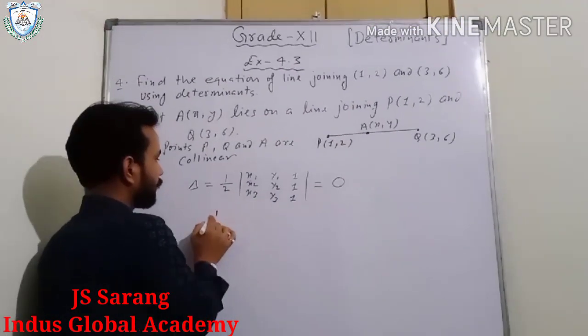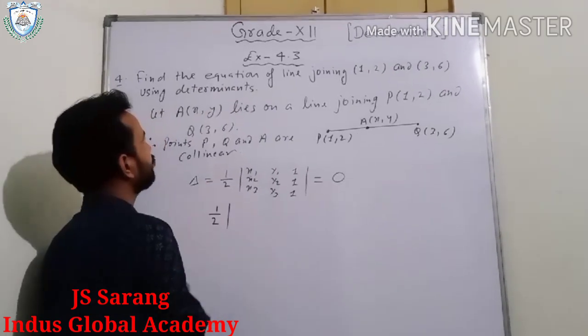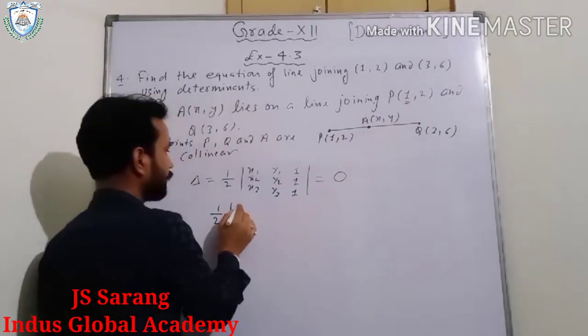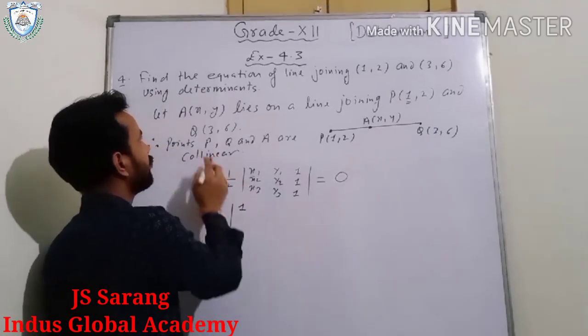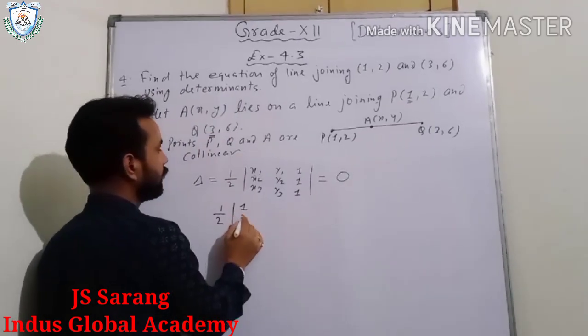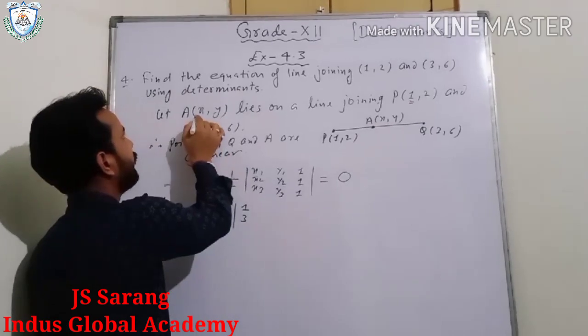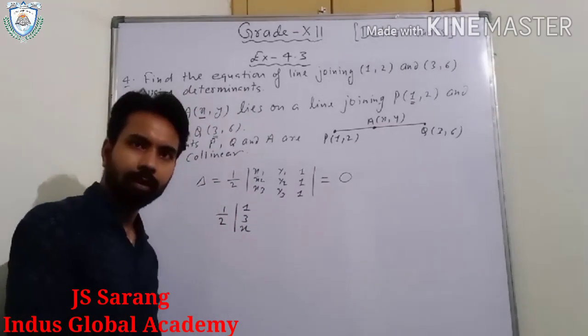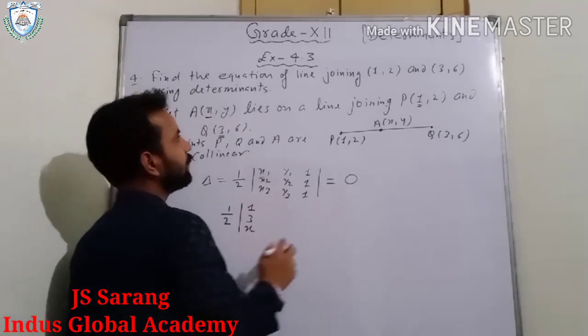So see, 1 upon 2, x1 is P, means 1, x2 is Q, that is 3, and x3, the point A, means x. Clear? Now y1, y2, y3.